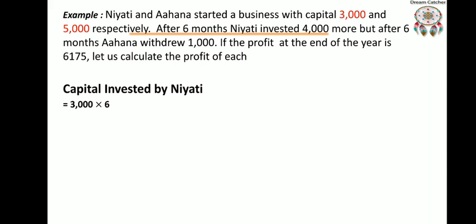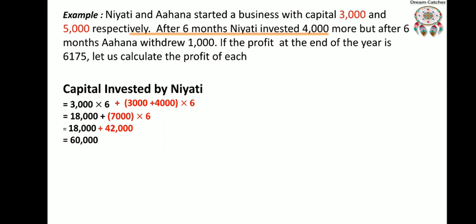So her capital has increased from 3,000 plus 4,000, that is 7,000 in total. And that 7,000 is in the business for another 6 months. So that is how we'll calculate 3,000 into 6 for the first 6 months and 7,000 into 6 for the next 6 months.